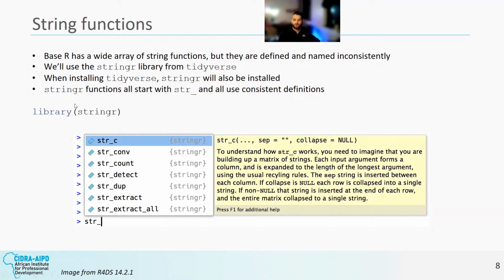So if we are using RStudio, as I am, it's really, really convenient because all we have to do is type str underscore, and then the autocomplete will show us all the possible stringr functions. Makes it very easy to autocomplete any function that you're looking for.